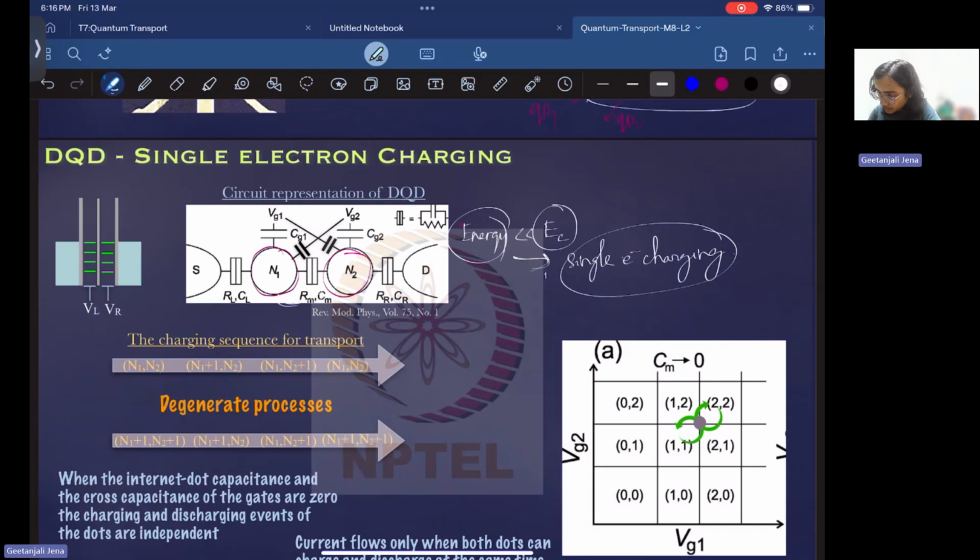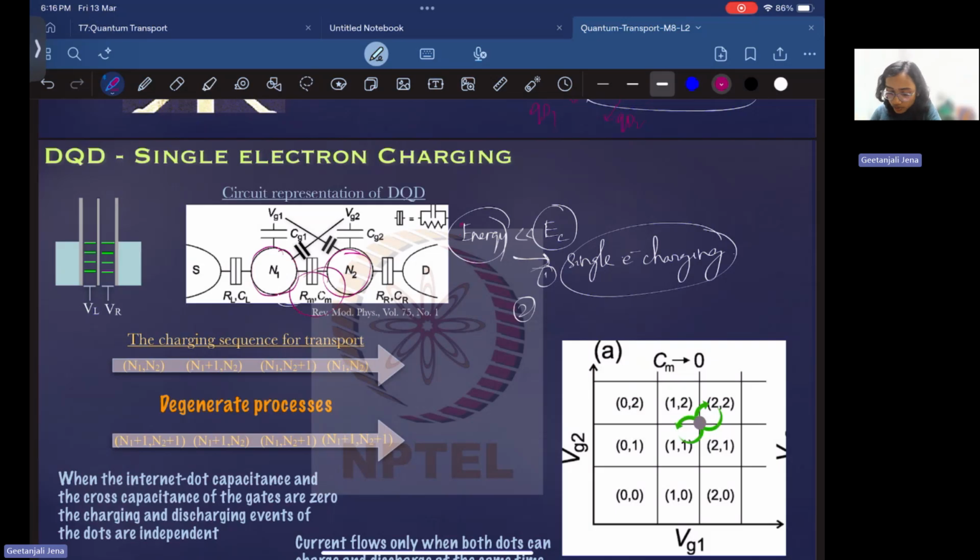And second is that because this double quantum dot system is coupled to each other through the tunnel barrier, which is Rm and Cm, if one of the quantum dots is in the Coulomb blockade region, the energy is not sufficient to add an electron to that system.